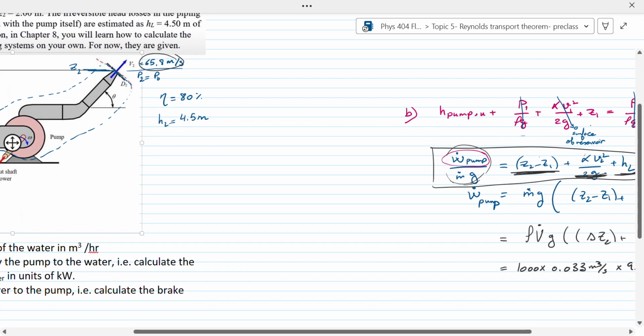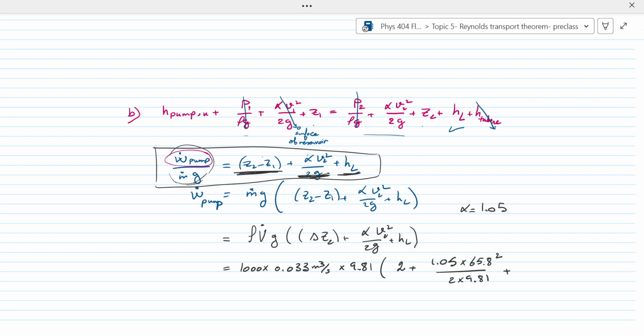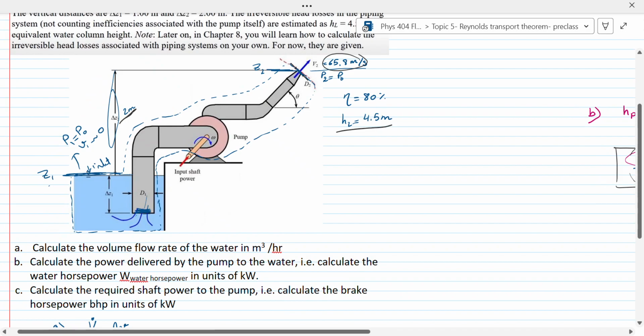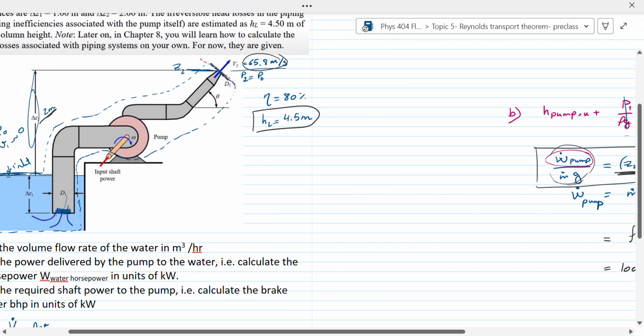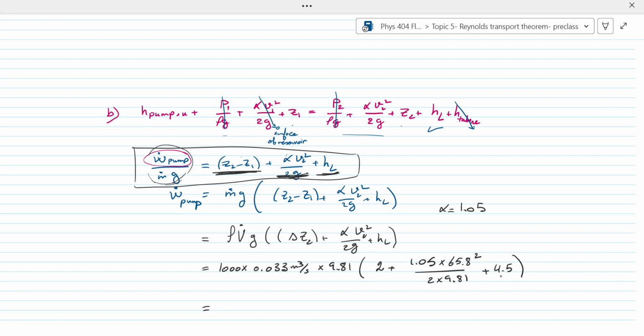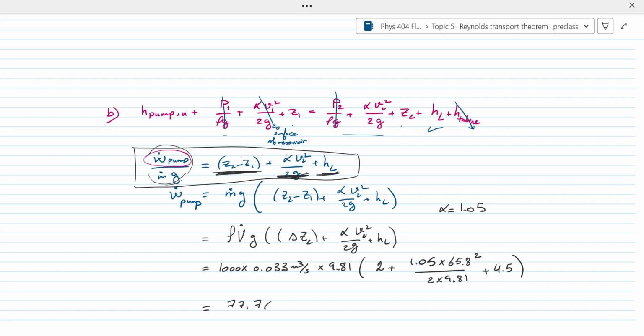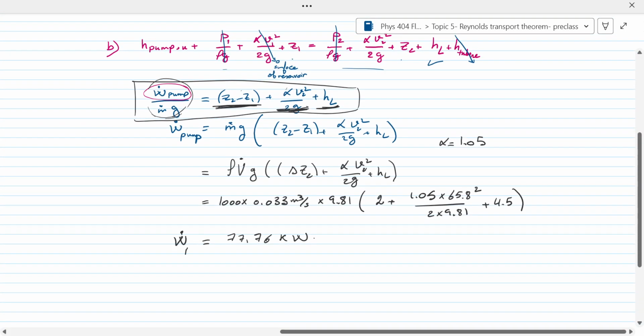V2 is 65.8 meters per second over 2 times 9.81 plus HL, which is due to the irreversible processes causing some head loss. This is 4.5 meters. So we can just solve for the output power of our pump, and you will get 77.76 kilowatts. This is, of course, the useful power.